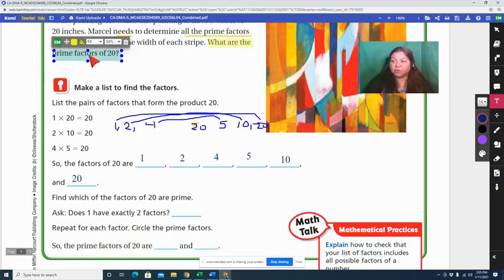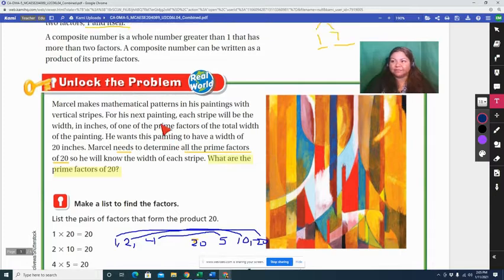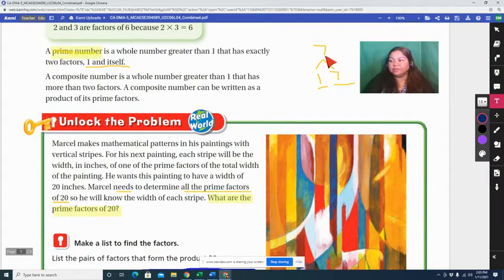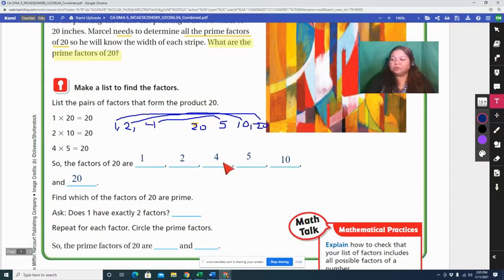We already know what the factors are. Now we want to find the prime ones. And remember, prime numbers are numbers composed of only two factors, 1 and itself. Like 7, only 1 times 7 will give me 7. So which of these factors are prime?